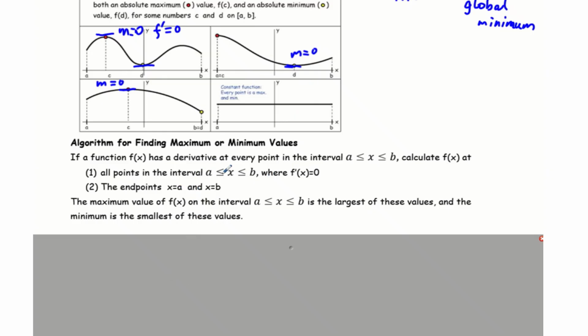So if we do it algebraically, the first thing is to find the derivative of the function f of x, let it equal 0, and solve for all the possible x values. We also find the function value at the endpoints. Then we compare all the values, and we are able to find the absolute maximum and absolute minimum.